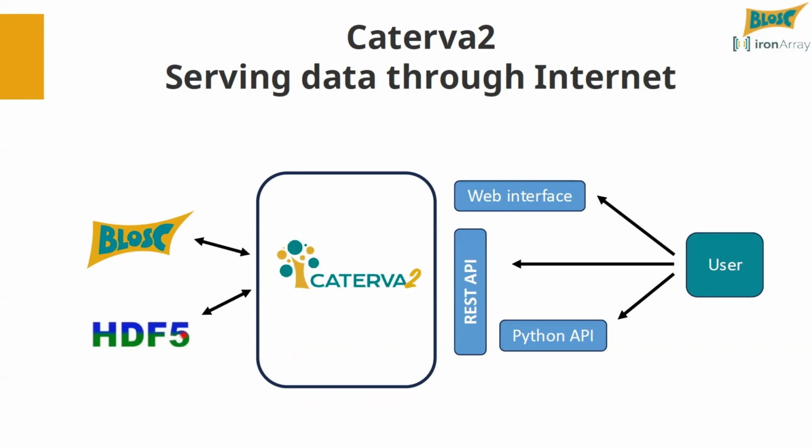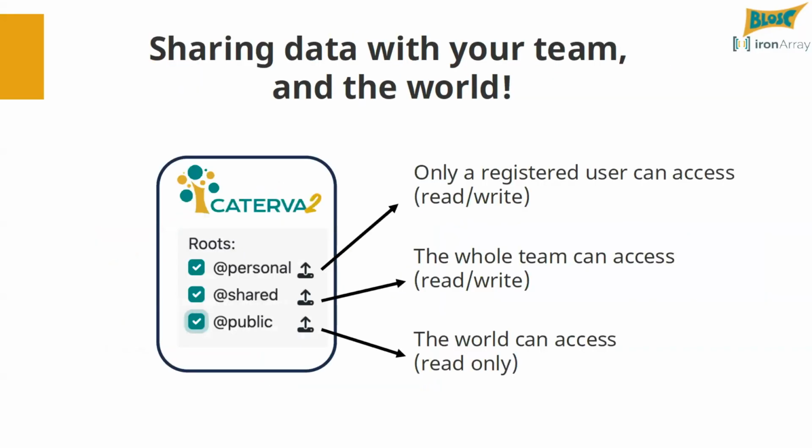In the backend, we can have HDF5 files or Blosc files as well, right? And then Caterva2 is just a server that exposes different interfaces, okay? One is the REST API, and on top of that, there is a Python API. And then there is a web interface as well, a graphical user interface based on the browser, that allows you to share data not only within your team, but also with the world, right?